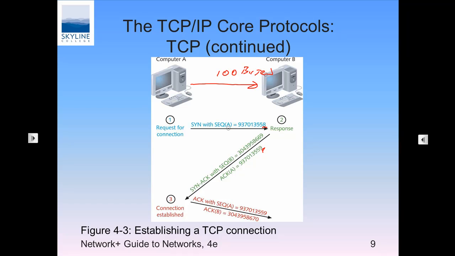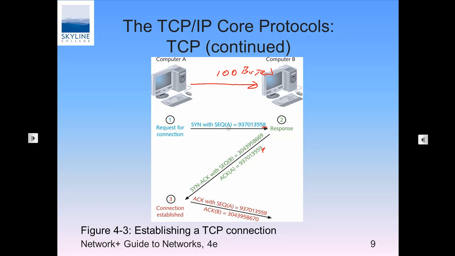With the acknowledgement. So what if I say acknowledge 9370155.9? Just increment it by 1. How much data got there? Well, nothing got there yet. That's why the increment is by the amount of data that was actually received.